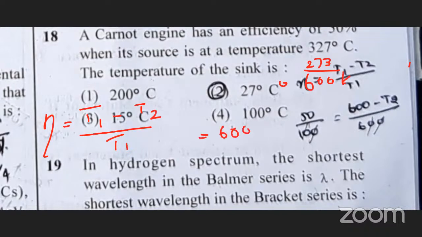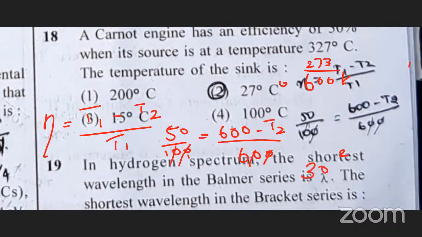So 600 minus T2 divided by T1. The efficiency is 50%, so 50 by 100. Here T1 is also given in the question, it's 600. Solving this, we get 300, 600 minus T2.